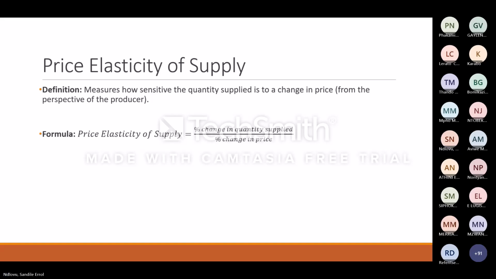Policies and regulations all influence producers or suppliers, or the quantity supplied line. And the formula for price elasticity of supply is the percentage change in quantity supplied over the percentage change in price. So elasticity is always measured in percentage changes.